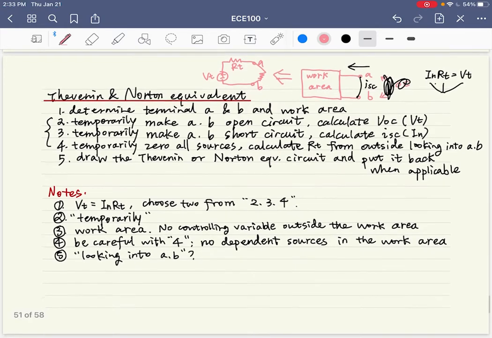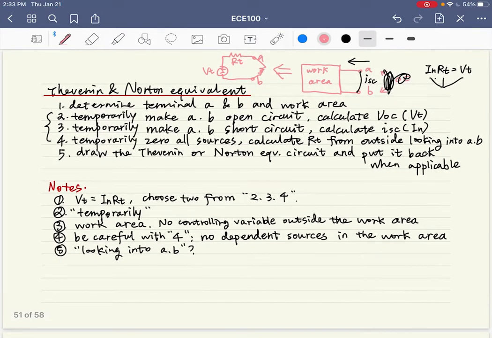Let's take Thevenin, for example. This is VT, this is RT, and then you should put it back to where it was. For example, if AB were connected to a load before, now you should connect the equivalent circuit to the load in the same way.